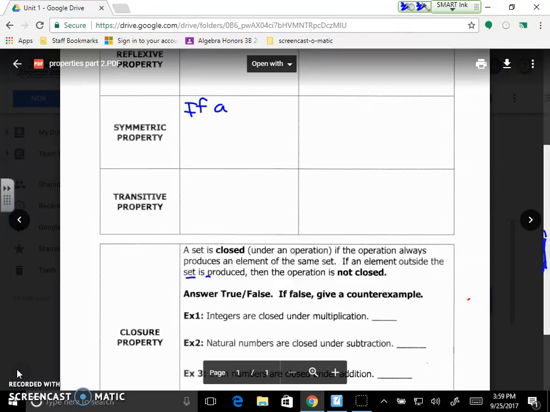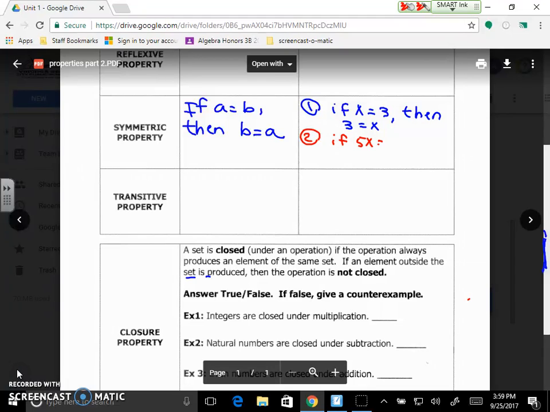It's if A equals B, then B equals A. Okay, so an example would be if x equals 3, then 3 equals x. Another example, if 5x equals 30, then 30 equals 5x.